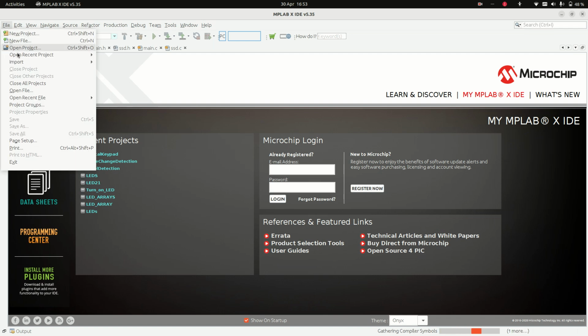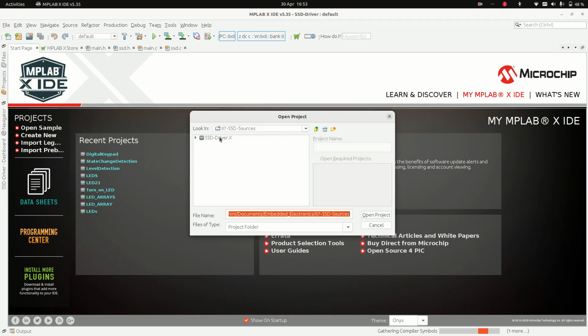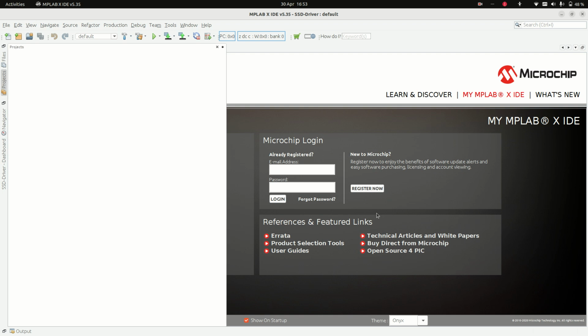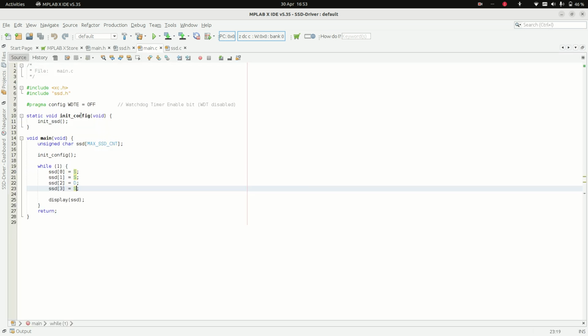So I am going to click open project, and here I have the SSD project. So click open project. Here we have source files and also header files. So this is the code.